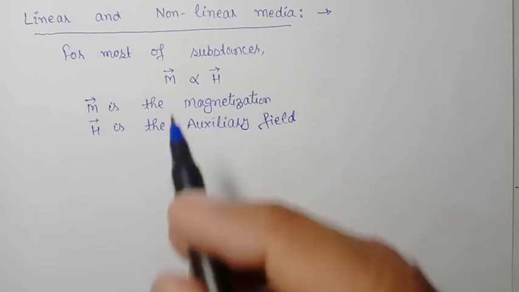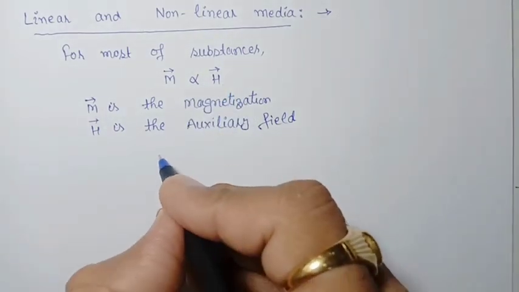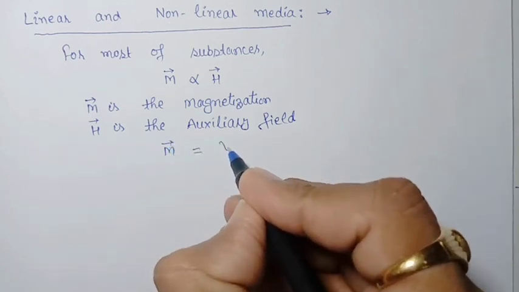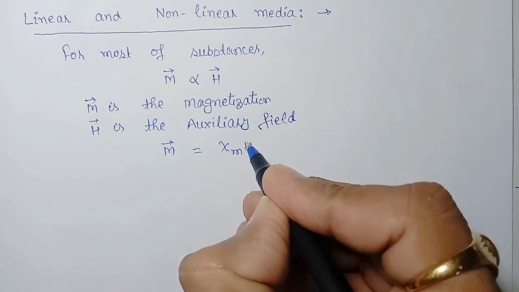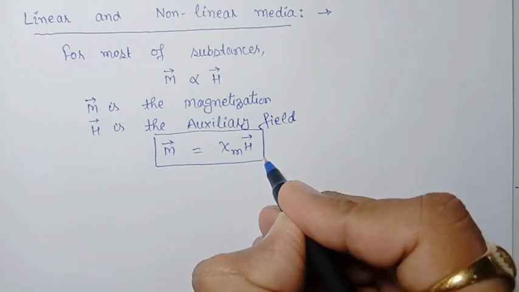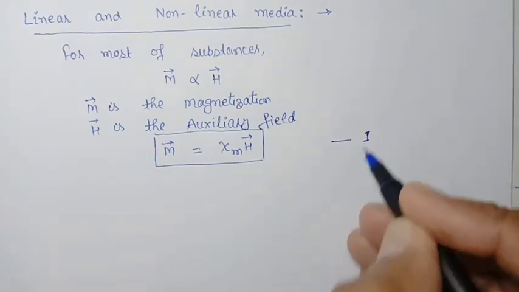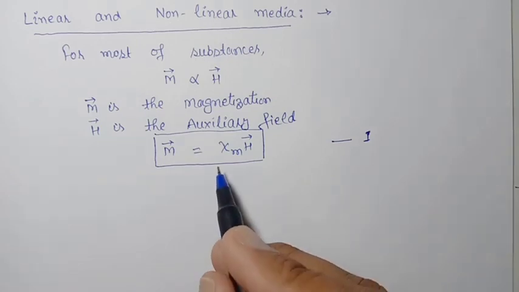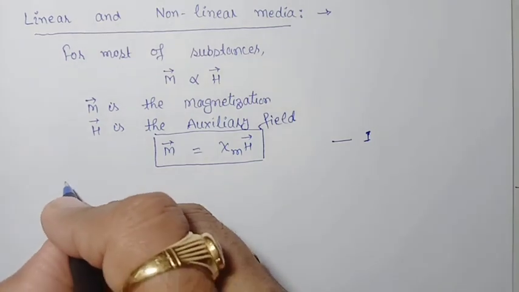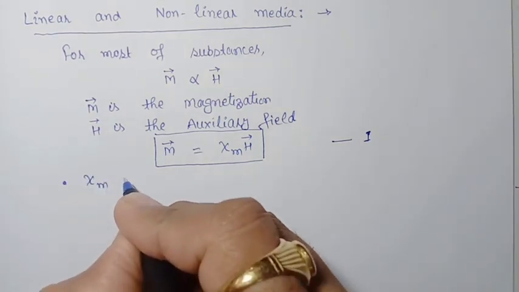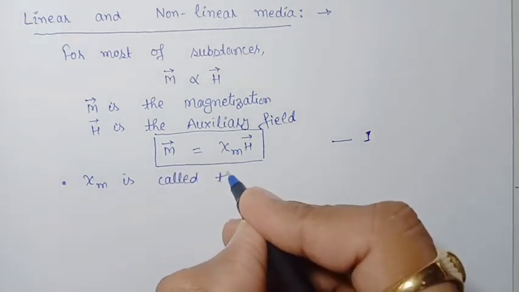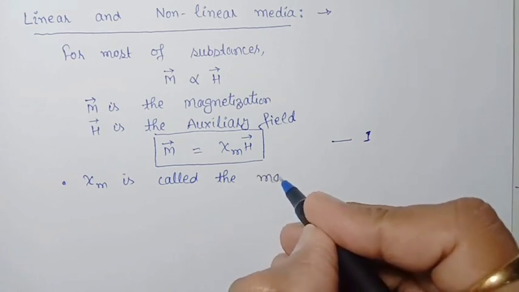We can write this above equation as M equals chi_m H. Suppose this is equation number 1. Here chi_m is the proportionality constant, and this chi_m is called the magnetic susceptibility.